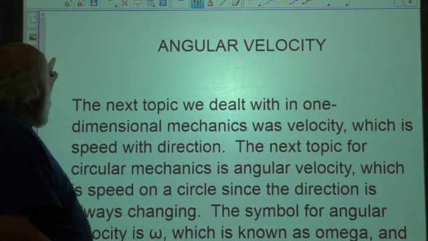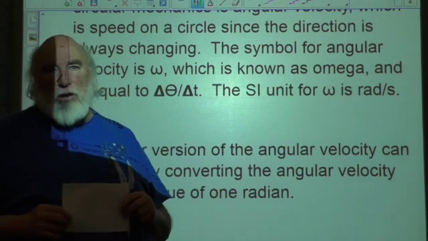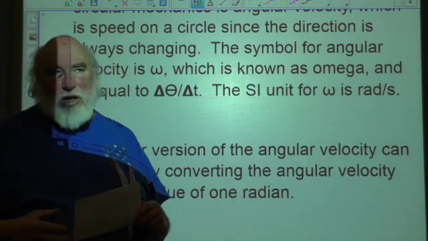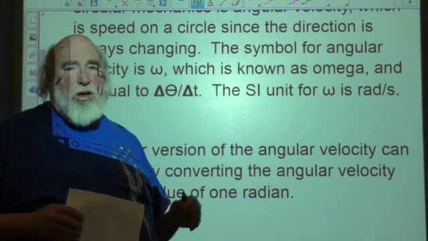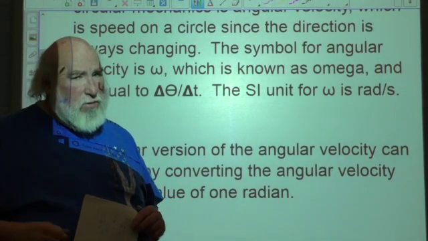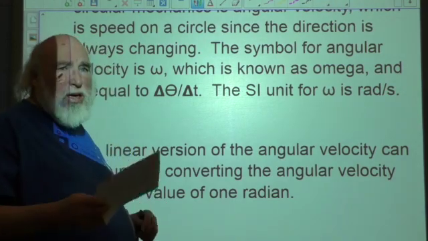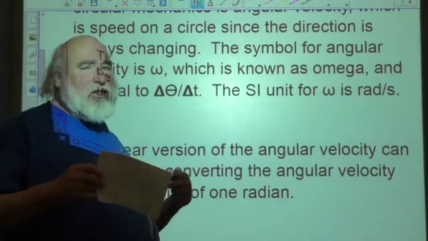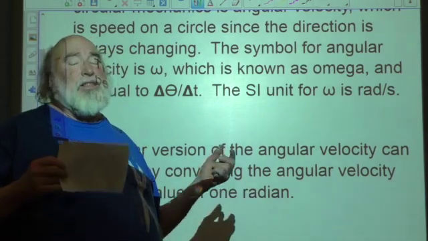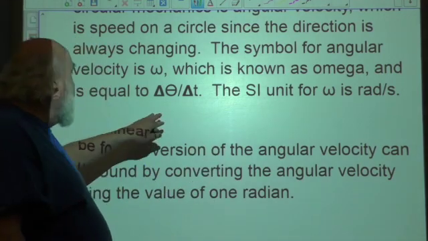What we're going to do here is look at, in terms of angular distance or angular displacement, how we define the label and how we figure out the formula for finding velocity, angular velocity. Well, since velocity is the change of distance over change of time, it would make sense that angular velocity is the change of angular displacement with time, and that's what we have right here.